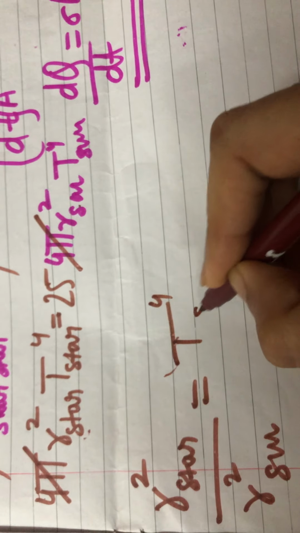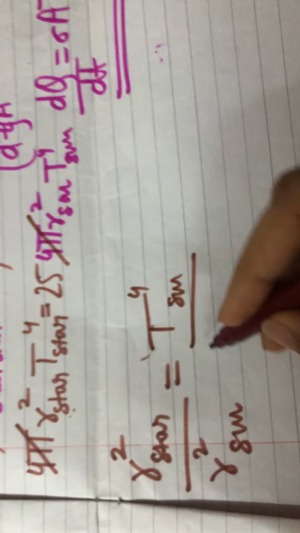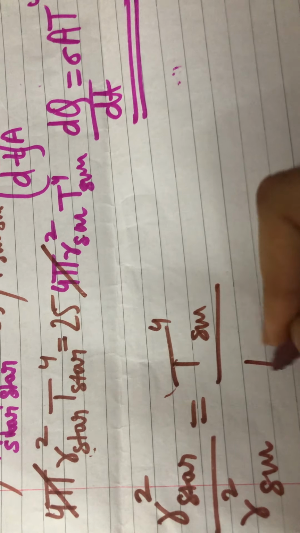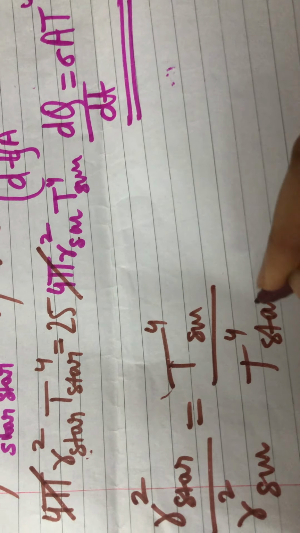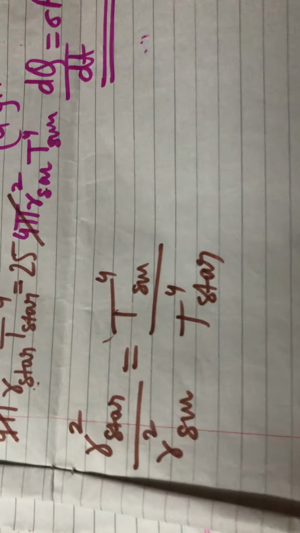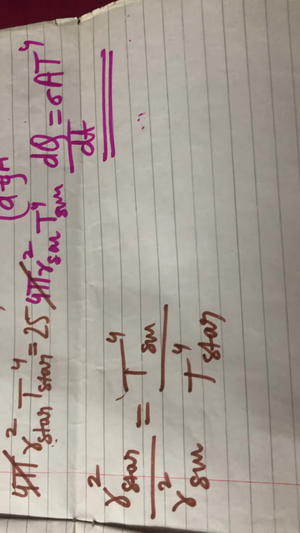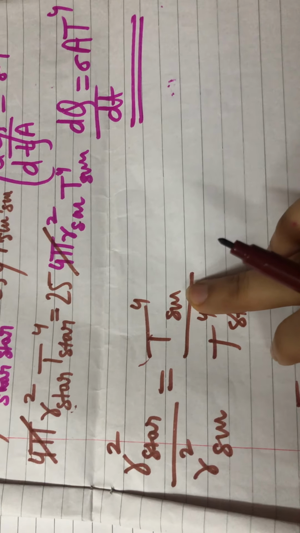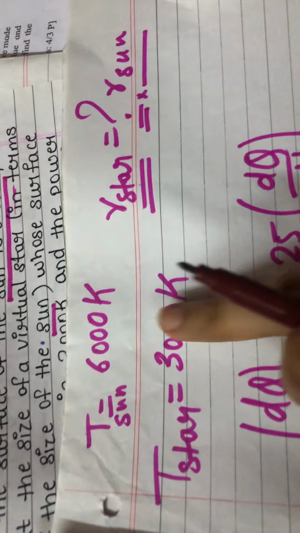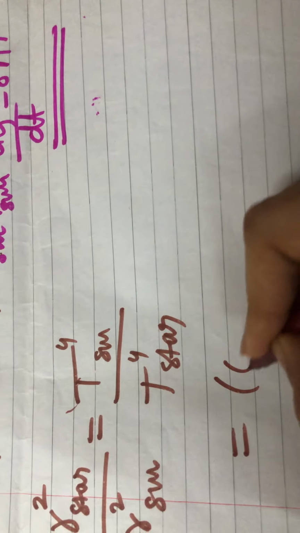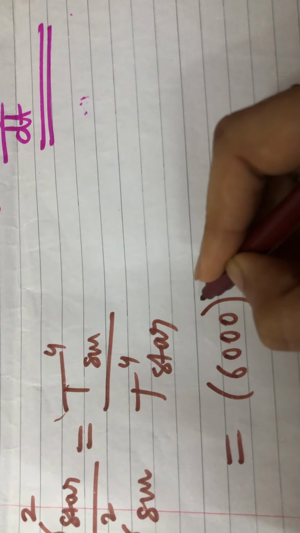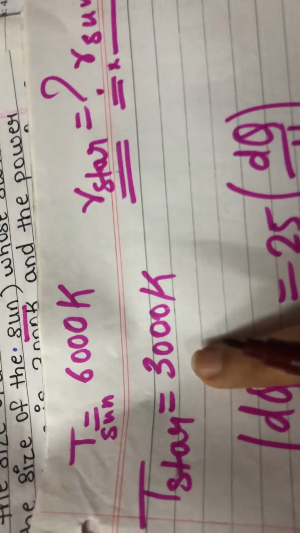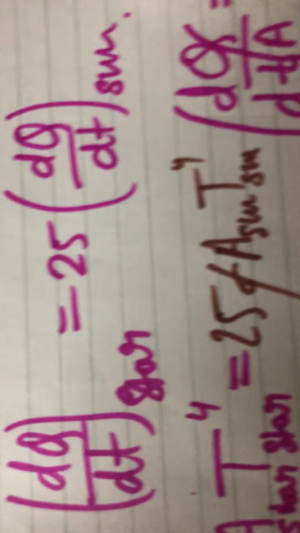Temperature raised to 4 of sun upon temperature of star will come in the denominator. I have just shifted the terms. Now here we have the terms. What can we do over here? See, we have temperature of sun. What is the temperature of sun? 6000 Kelvin raised to 4. We have temperature of star, that is 3000 Kelvin.